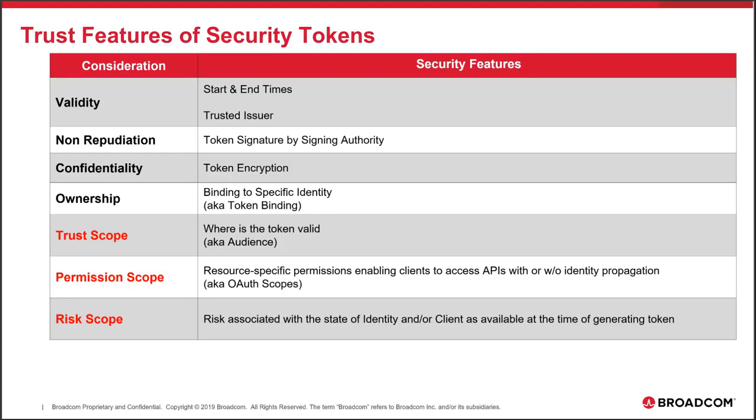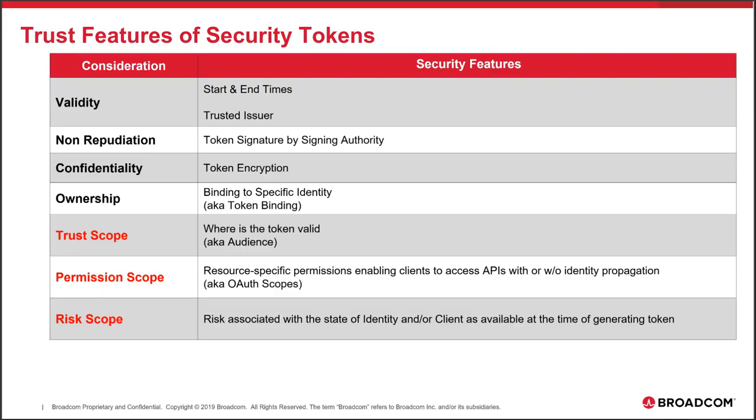But the three critical elements of a token in terms of trust management are what I call the trust scope, the permission scope, and the risk scope. The trust scope basically determines where the token is valid. We sometimes use the word audience to mention where the token is valid.